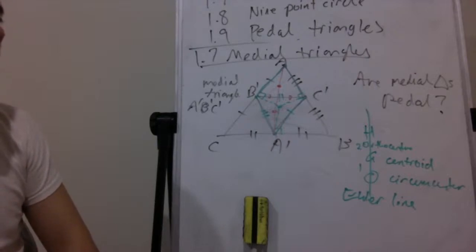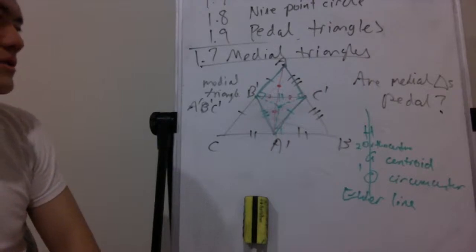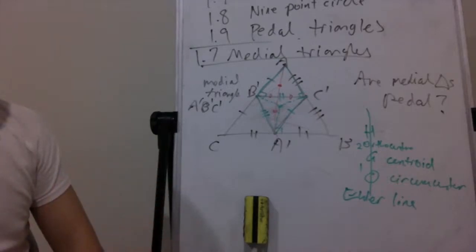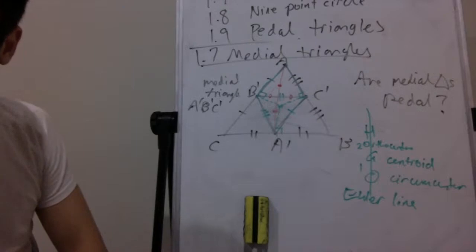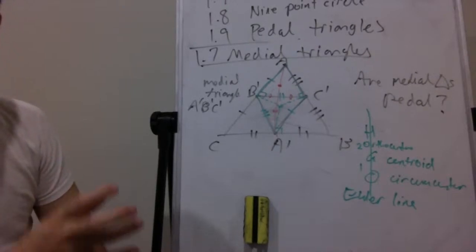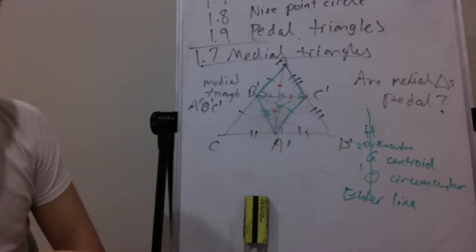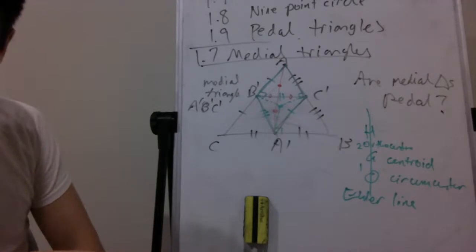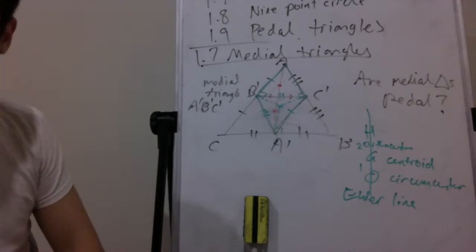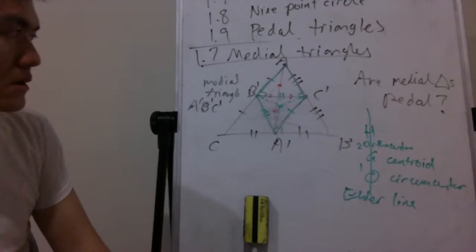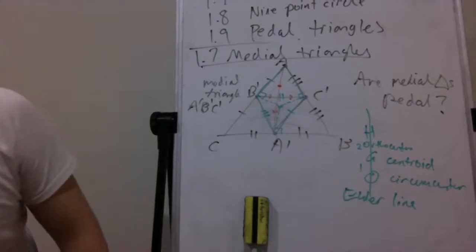So basically, the conclusion is more like revision. The centroid of the small triangle, the medial triangle, is equal to the centroid of the original triangle. That's what we're saying. All right. Good.